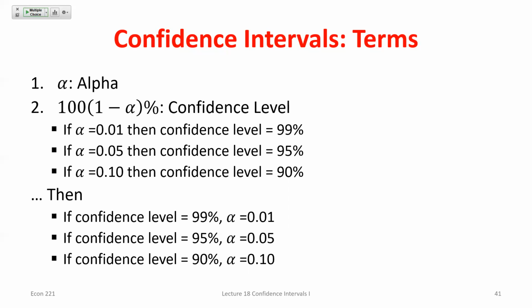So if I wanted the 90% confidence level, 10% is outside that interval, in decimal form that would be an alpha of 0.1. For a 99% confidence level, there's 1% outside my confidence interval, so the alpha would be 0.01.